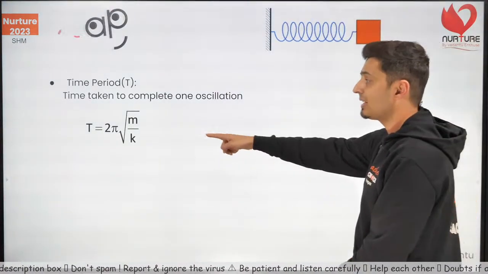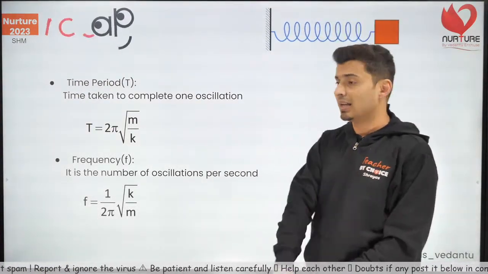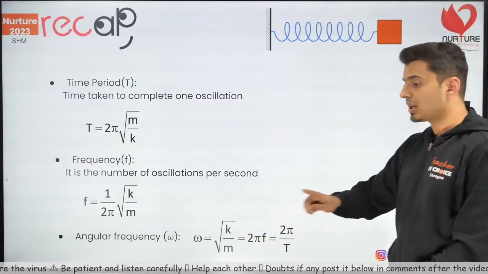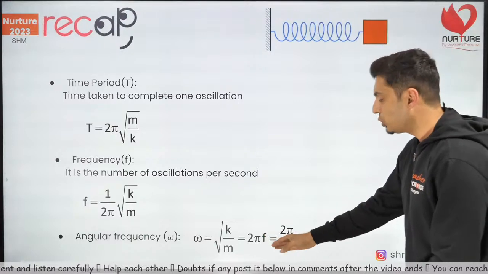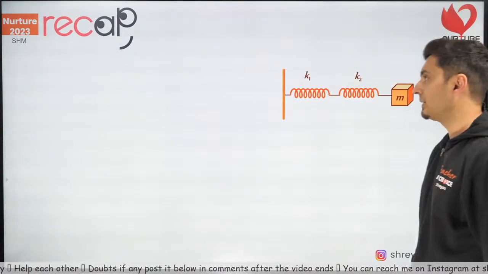We have also seen the time period of a spring mass system, which was 2 pi under root m by k. Omega is root k over m, which is the angular frequency, and it is nothing but 2 pi f, or also 2 pi by time period.